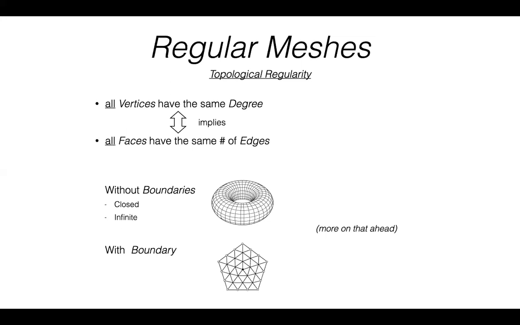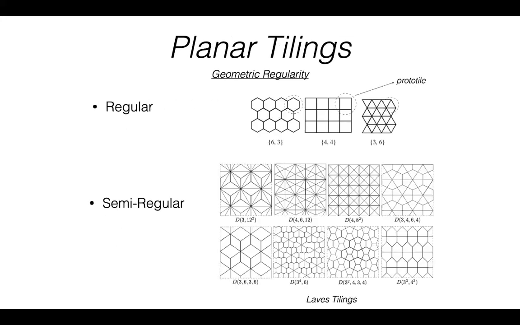But here, these points don't have the same valence, right? And we are going to discuss this concept of surfaces with boundary and without boundary further on as we discuss meshes.